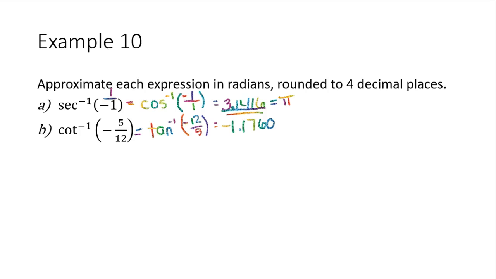Now, this one we're not finished because the inverse tangent has a domain that's going to be in quadrants 1 and 4. But the inverse cotangent has a domain that's in quadrants 1 and 2.